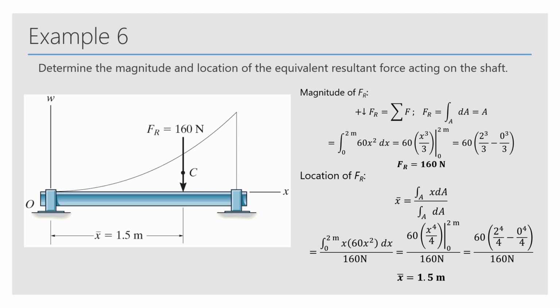So the top of the equation, we have x times that initial function, which is what we normally find for moments, x times the resultant force, and then you divide that by the resultant force that you had. In this case, the final answer we get is that the length from the origin is 1.5 meters.